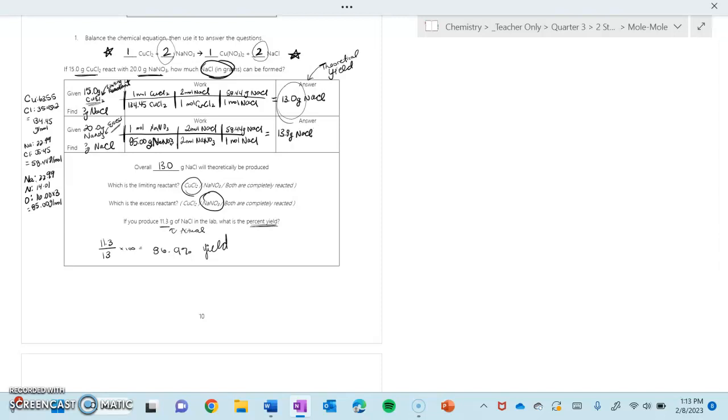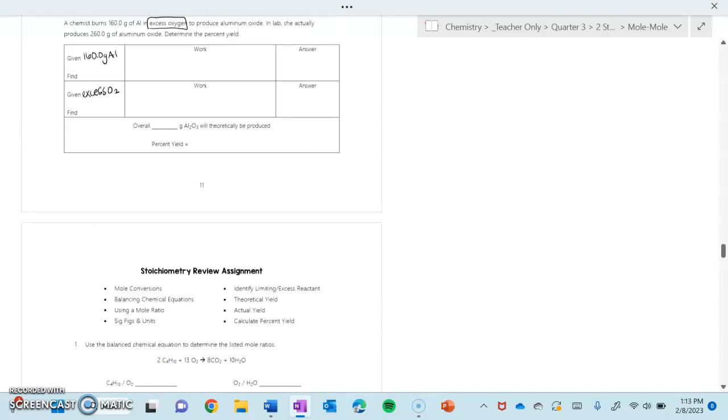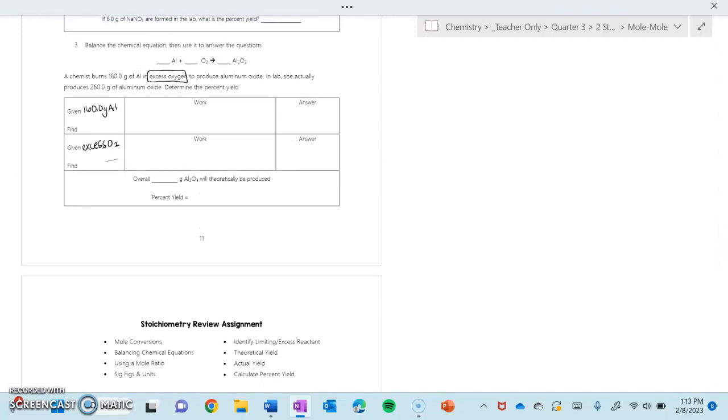We just used it to compare which one was smaller. So what this is telling us is this is going to be the one that's larger because of that word excess. So you do not actually need to do that problem. Excess tells you they did the work for you and found that one would have a larger answer. So really all you'll have to do is solve for the amount produced from the aluminum, and that will be your theoretical yield.